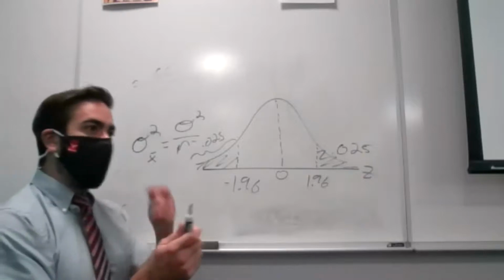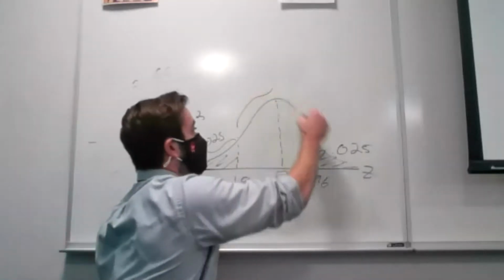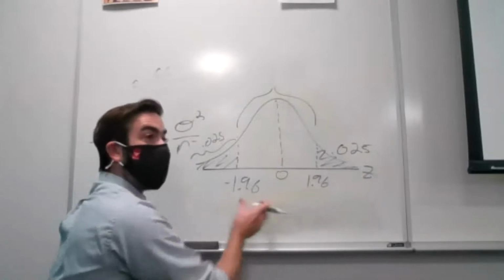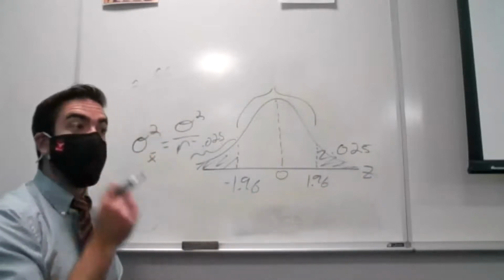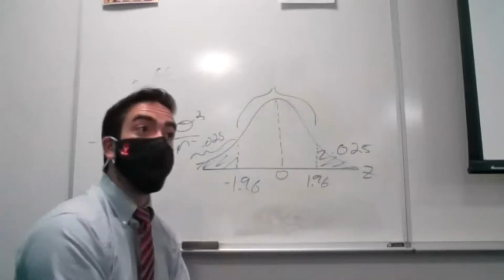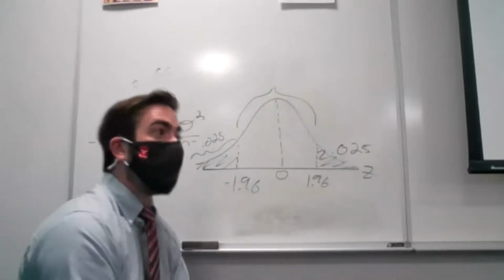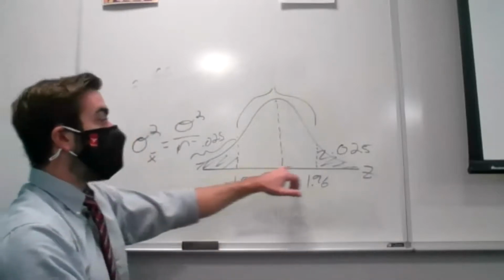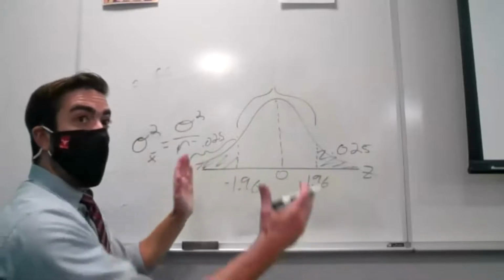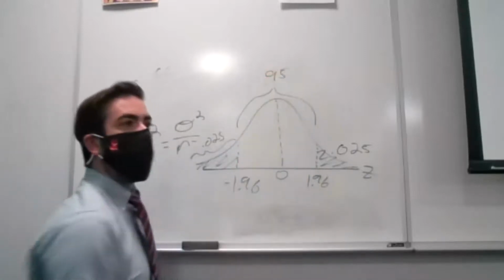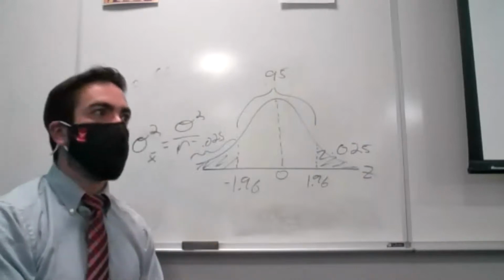So what that's telling me is the probability I see something within 1.96 standard deviations of the mean, because remember, the interpretation of these z-scores is the number of standard deviations away from the mean, in either direction, would be 0.95 or 95%.